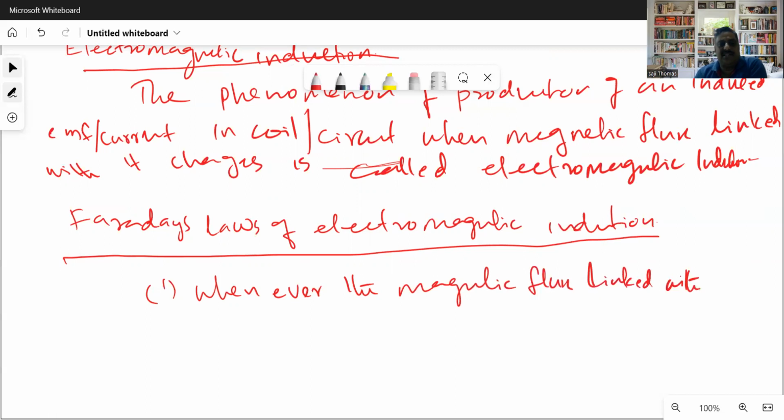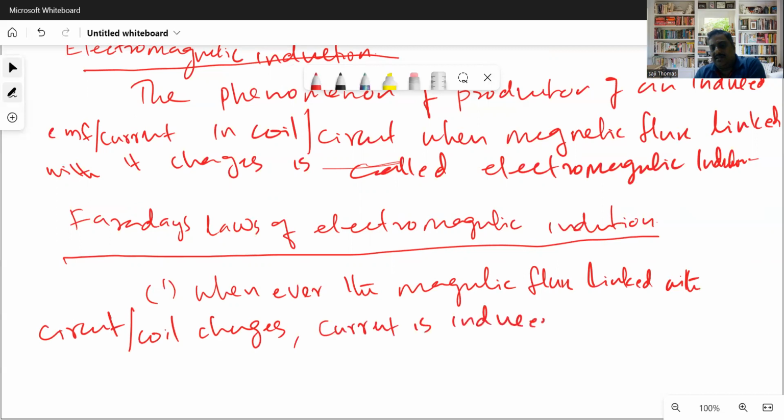Whenever the magnetic flux linked with a circuit or coil changes, current is induced in it.